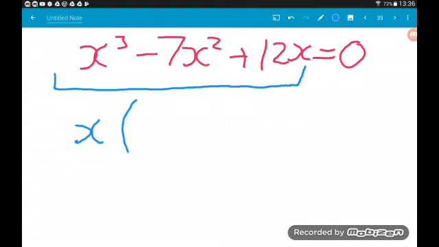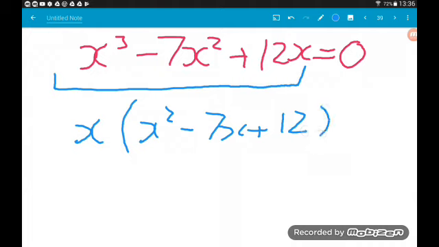So we've got x times x squared minus 7x plus 12. So we've already got one linear factor, which is our x at the start, and then we've got a quadratic factor of x squared minus 7x plus 12.